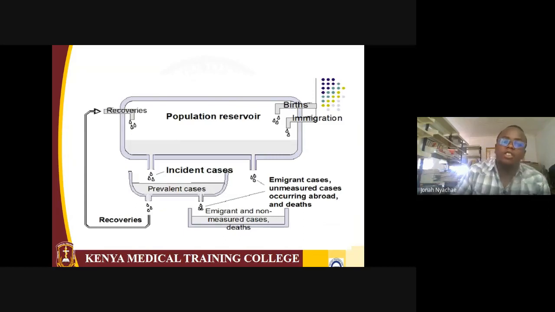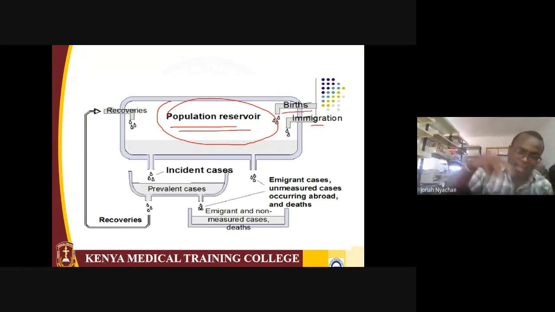So when you look at this, this is still another presentation where we have a population, and from this population it could be increased either by births, or people who are migrating into the population. It could be those people who have recovered from illness. So whatever is leaving that population and adding into the already existing number of cases is what we call the incidence rate.